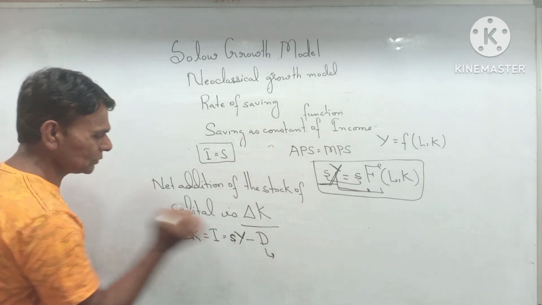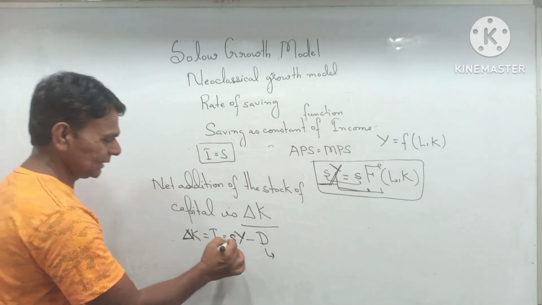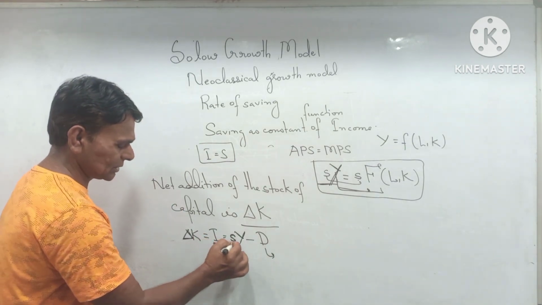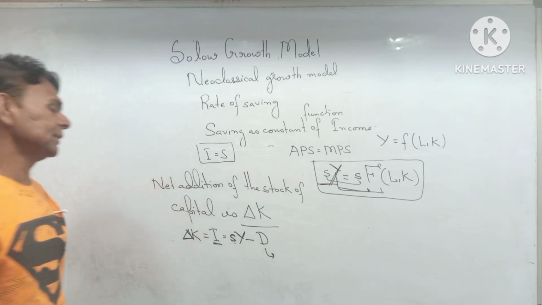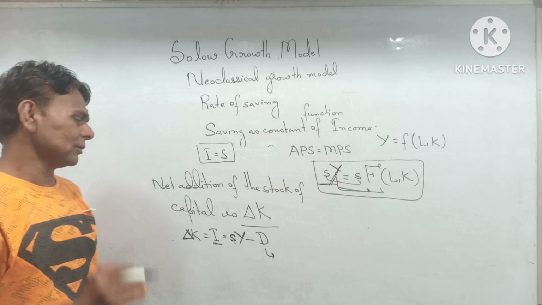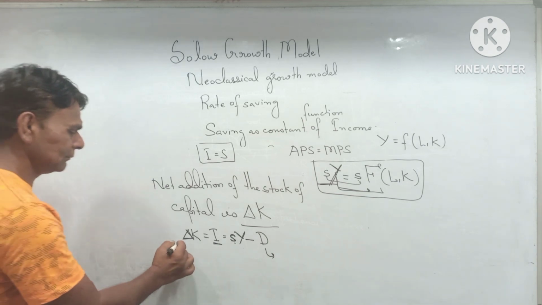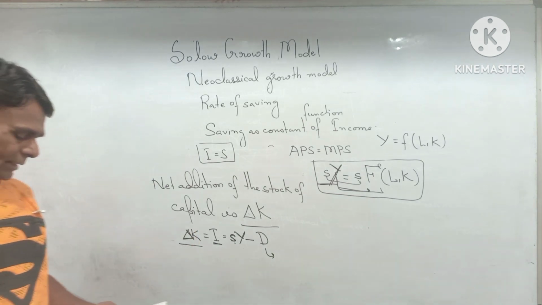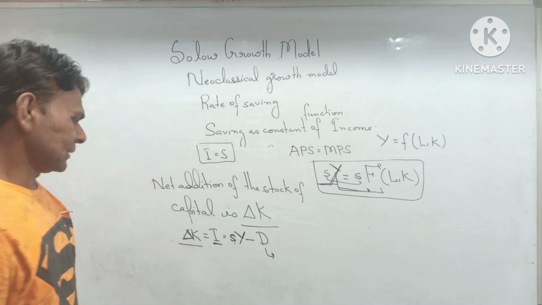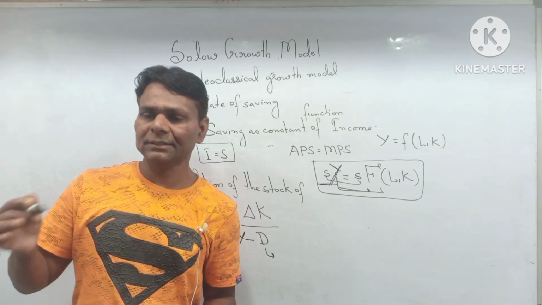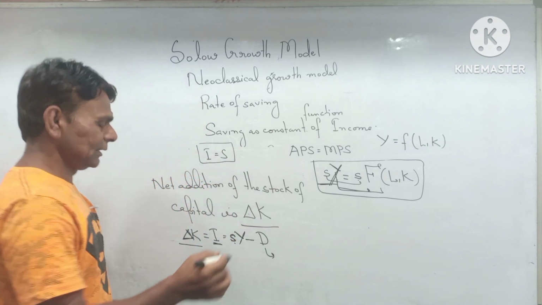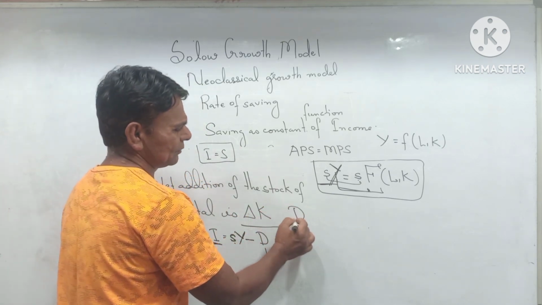I equals investment equals saving, and if we subtract D, the depreciation of the stock of capital, it becomes delta K. Depreciation occurs at a certain percentage of the existing capital stock.